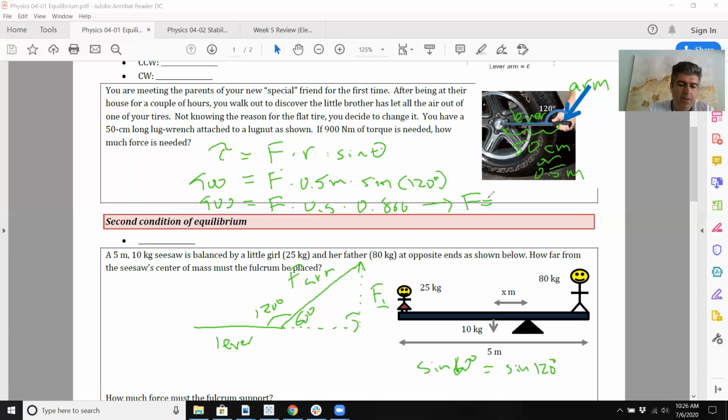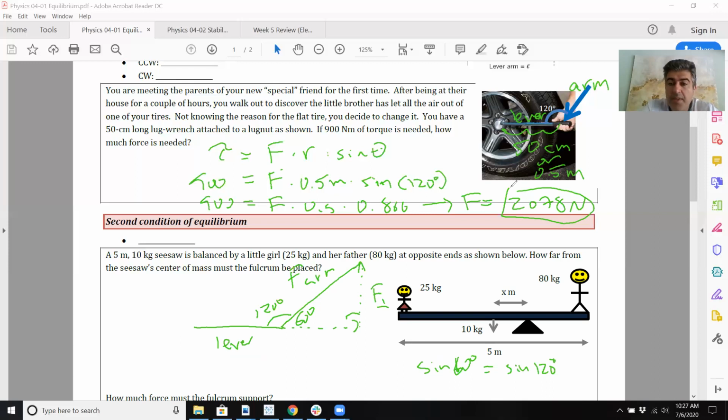So your force is going to be 900 divided by 0.5, and then divided by sine of 120. So you'll need to apply about 2,078 newtons to get this thing to move. So that's quite a bit of force, obviously. Sometimes if you have a hard time, you can always call AAA as well.